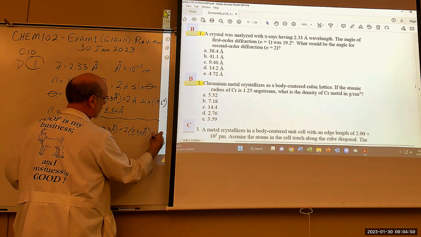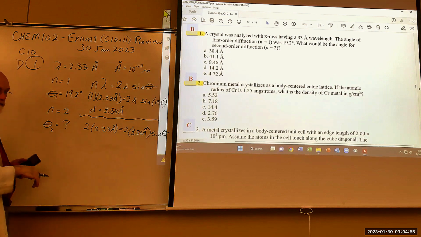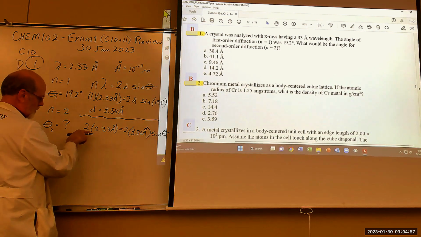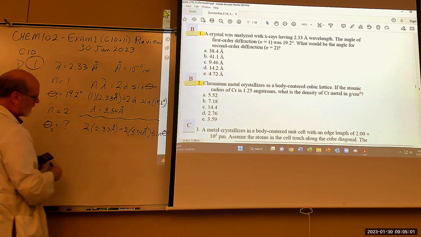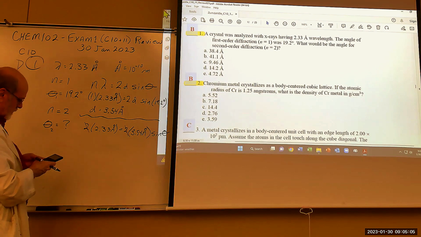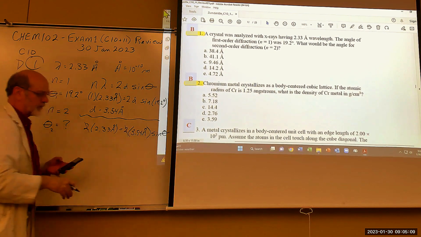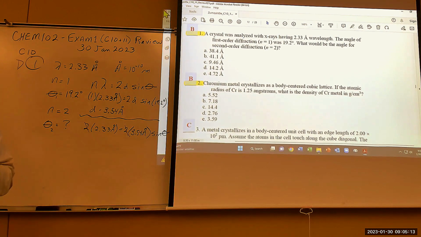And then this sine theta. Now we solve for sine theta. So this one divided by that one, right? These 2's cancel out. So I just need to say 2.33 divided by 3.54 is equal to sine theta. So what am I looking for to find theta? The arc sine of that value.